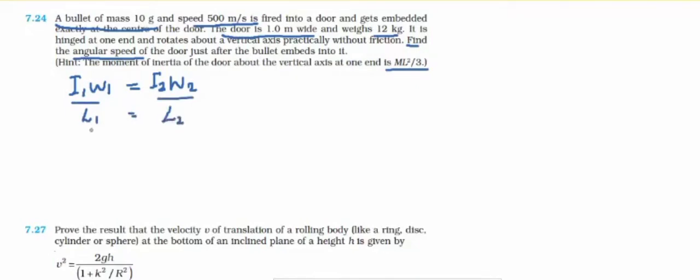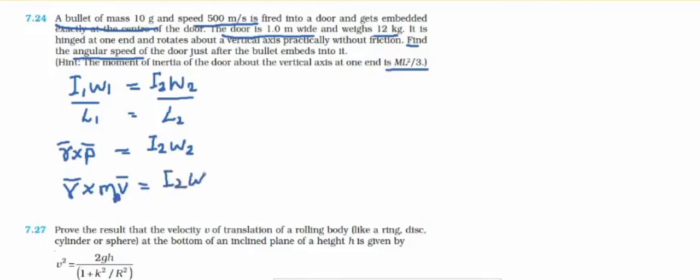For the bullet, the angular momentum we can take as R cross P. R cross P is equal to I2 omega 2, that is R cross m v, where m is the mass of the bullet.